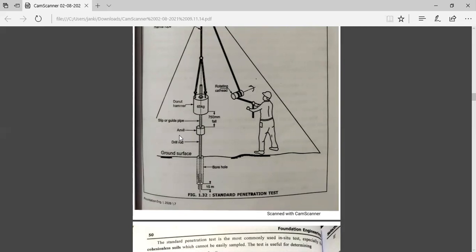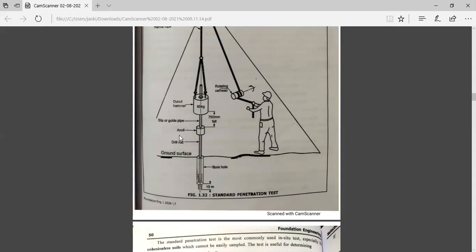The sampler is further driven by 150 mm and the number of blows is recorded. Likewise, the sampler is again driven by another 150 mm and the blows are counted. The number of blows recorded for the first 150 mm is the seating drive, and the blows for the last two 150 mm intervals are added to give the standard penetration number, denoted as capital N, right.